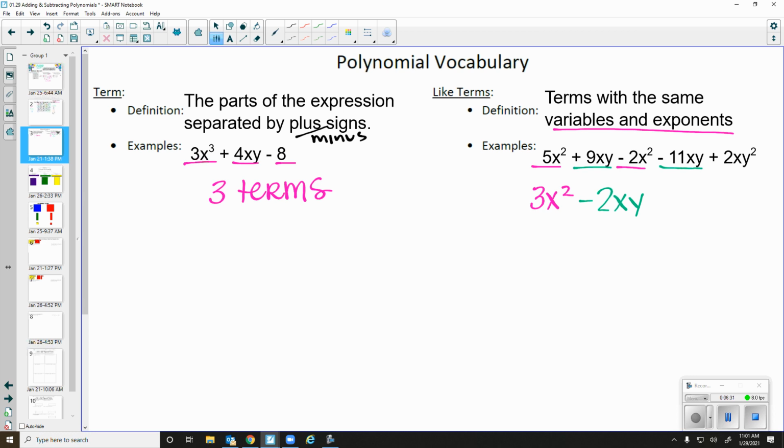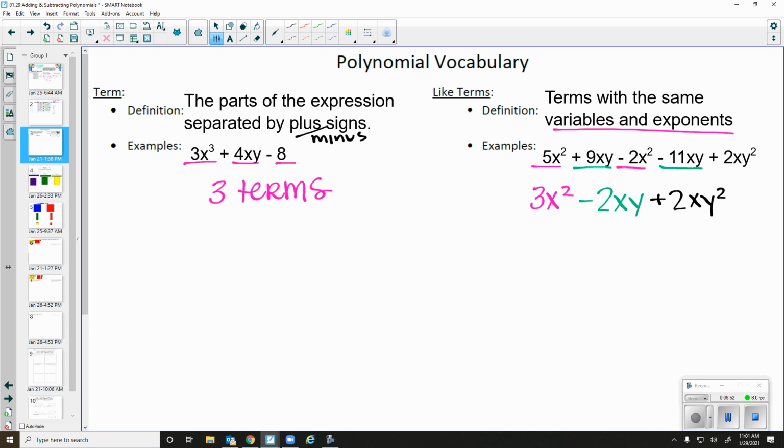And then the last one, since it has xy, but there's a squared on the y, that's why it's an odd one out. It doesn't have a like term with it. So we just condensed that expression from 5 terms to 3 terms.